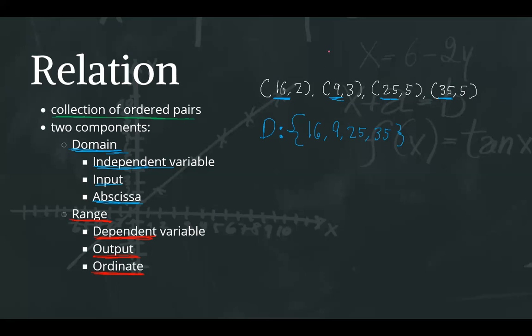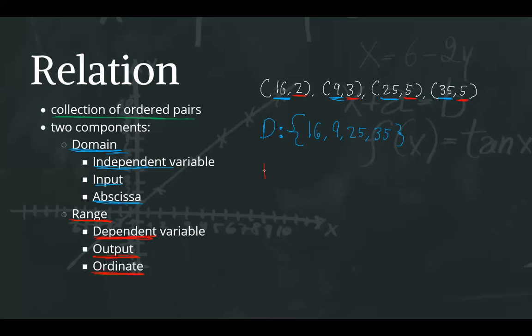So where would you locate the dependent variable? Since the independent variable or input is located on the left part of an ordered pair, the dependent variable or output number, on the other hand, is located at the right side of an ordered pair.